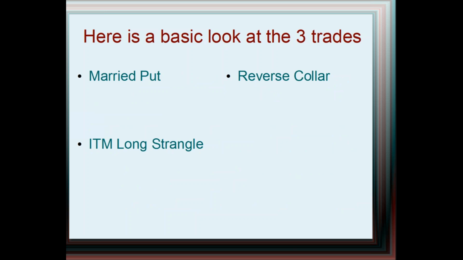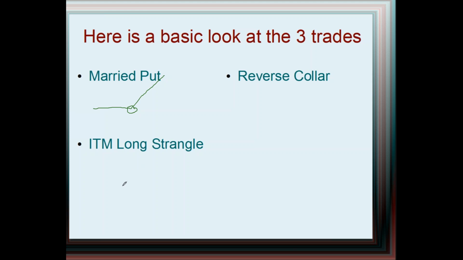Now, a very basic view, and I decided to do this through drawing as opposed to through a screenshot. In a married put position, we're going to control our risk by buying stock and leave the upside open. And we're also going to buy a put. So if the stock falls, we can exercise the put option. We have a controlled risk into single-digit percentages.